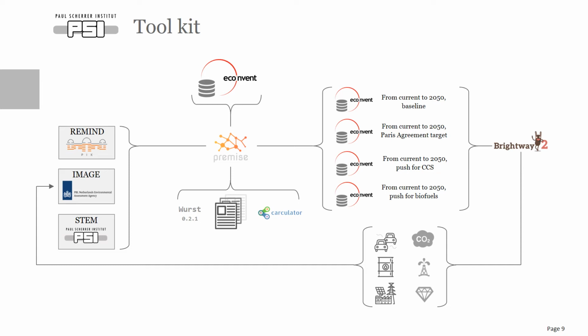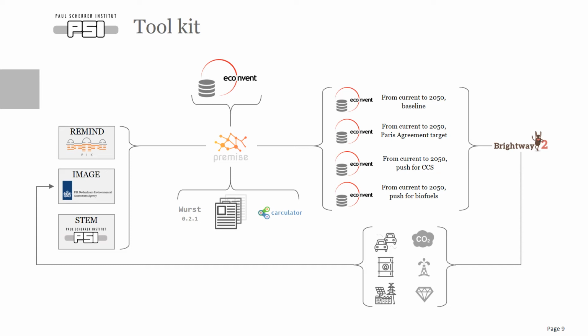And then also some other tools like Carculator that allows us to add inventories for future mobility systems like future passenger cars, future trucks, etc. So Premise will combine EcoInvent with this integrated assessment model, and will output a new EcoInvent database which has undergone a certain number of transformations. Depending, of course, on the energy scenario that was taken in on the left side, we would end up with an EcoInvent database that reflects that energy scenario.